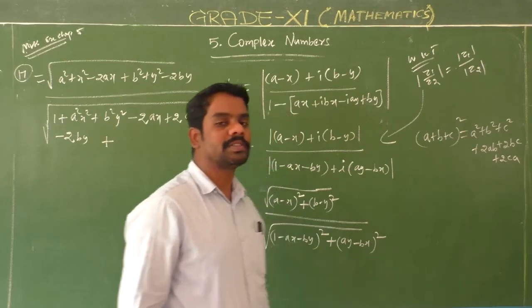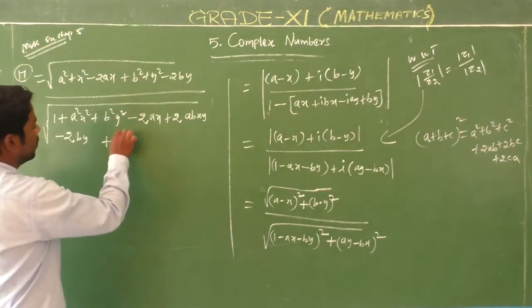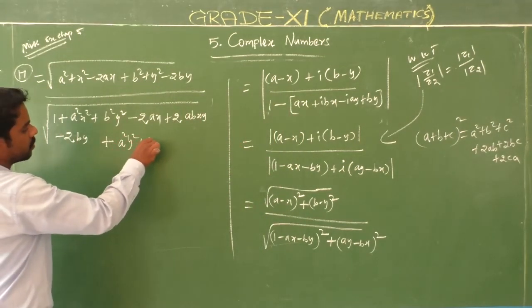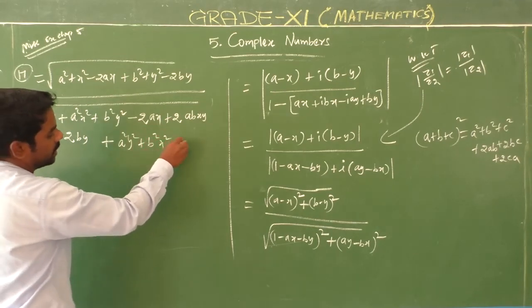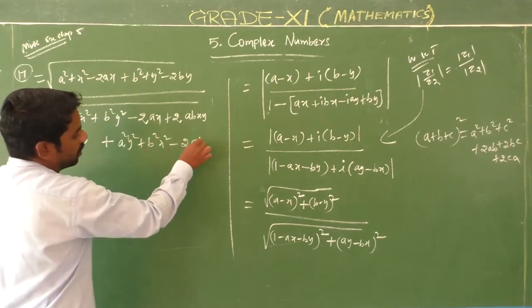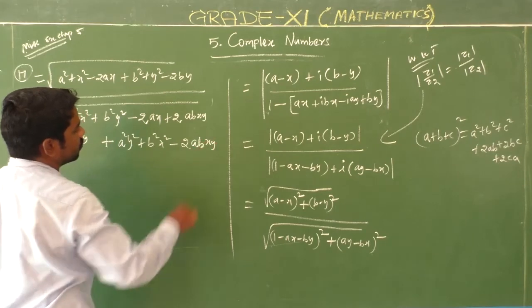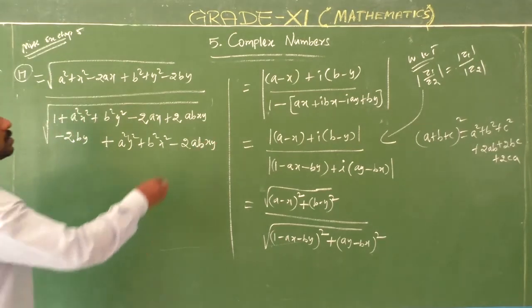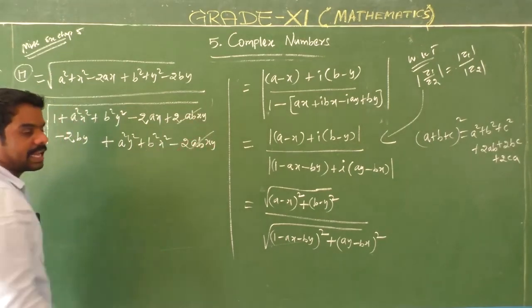That is the (a minus b) whole square formula: a square y square plus b square x square minus 2ab xy. Here plus 2ab xy and minus 2ab xy cancel.